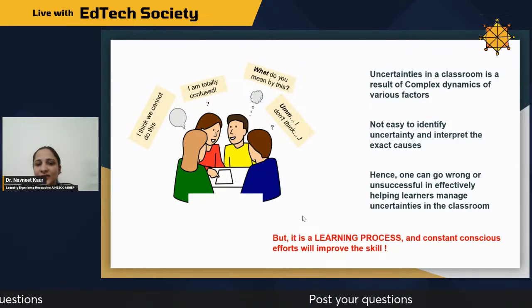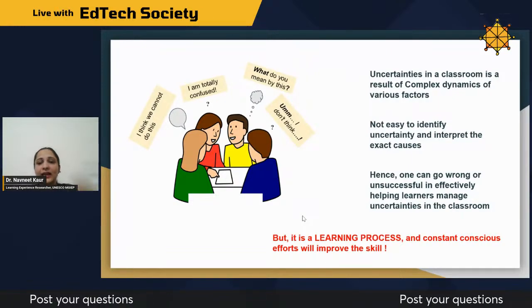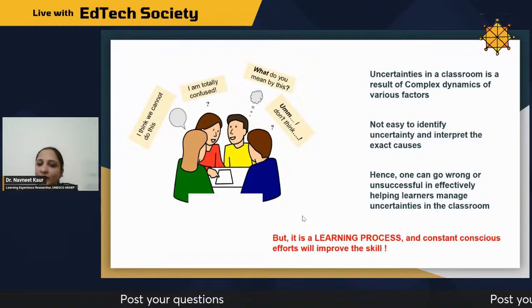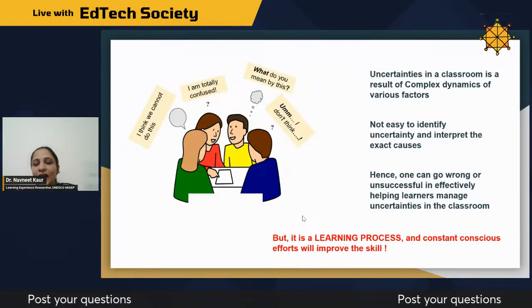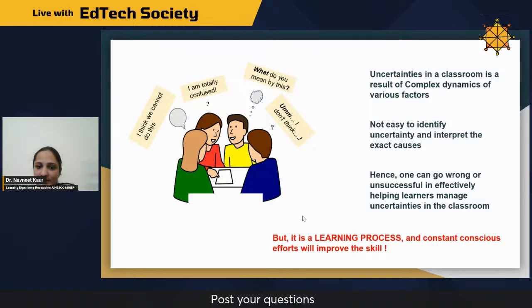Then they have different situations at their home. Then at individual level, they are facing different types of uncertainties. At a group level, there will be different patterns that you will be observing. So it's not easy to identify uncertainty sometimes, and very difficult actually to interpret the exact causes of those uncertainties.